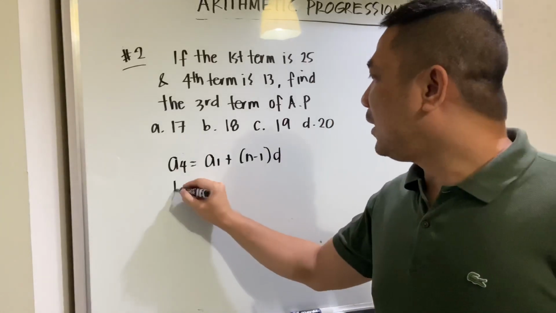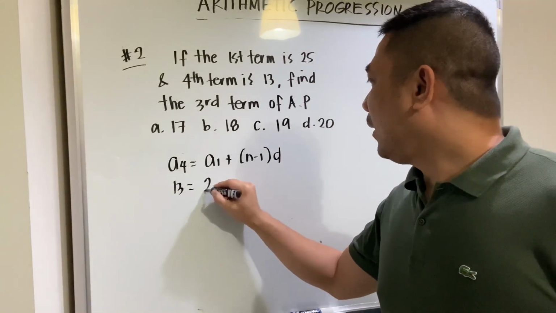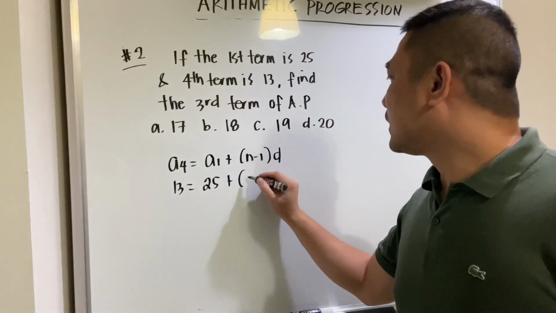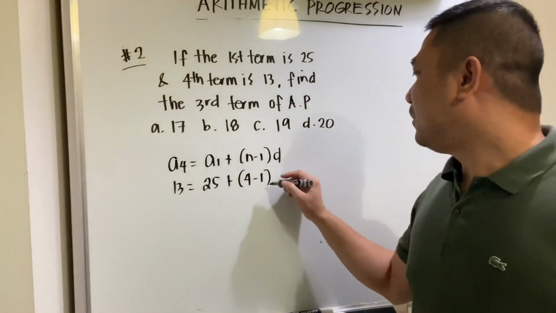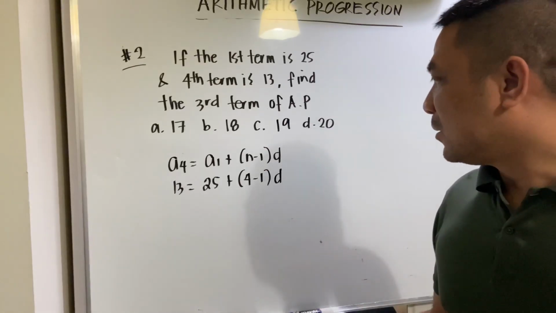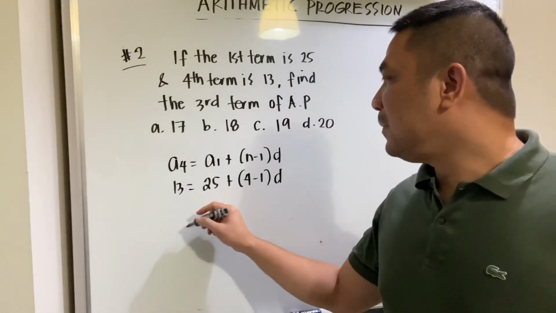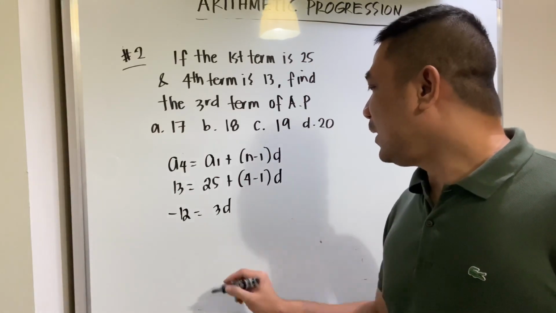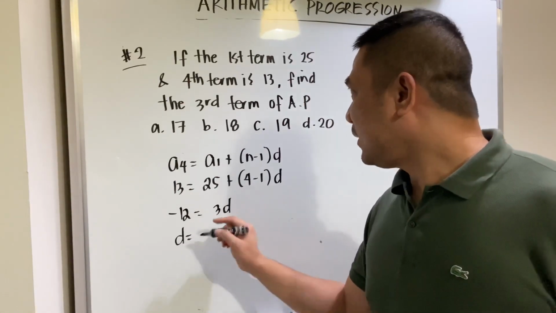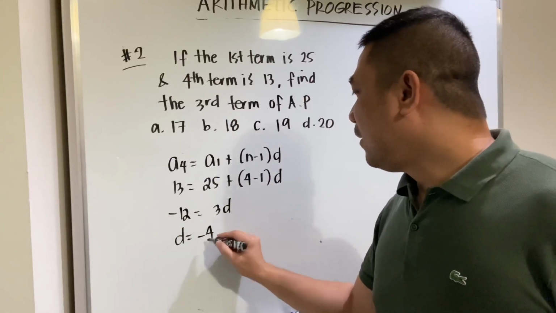So A4 is 13, A1 is 25, plus 4 minus 1, the number of terms is 4 minus 1, times d. So 13 minus 25 is negative 12, is equal now to 3d. In other words, our common difference in this series is negative 4.